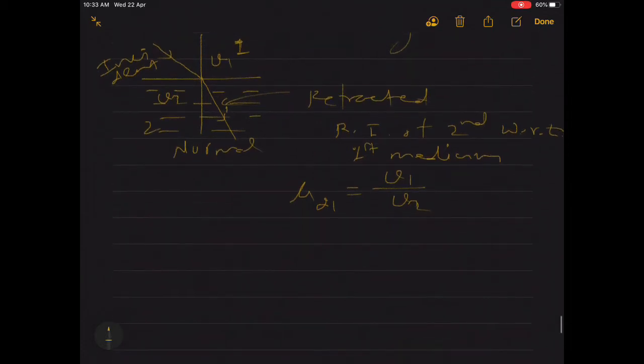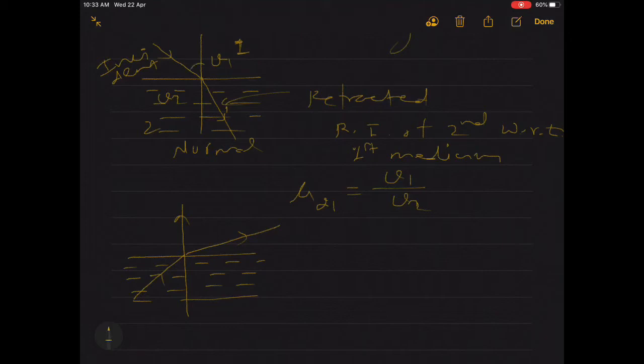Similarly, when the ray is traveling from denser to rarer, then it bends away from the normal.